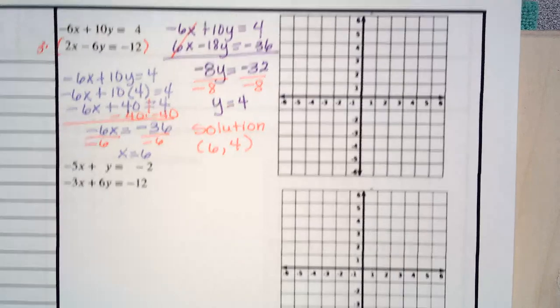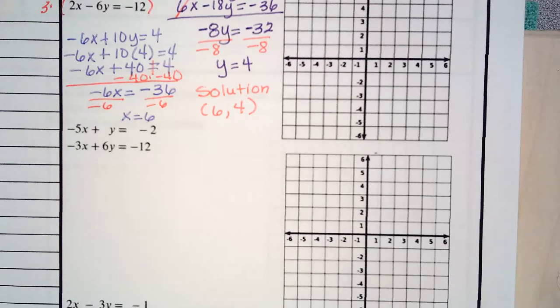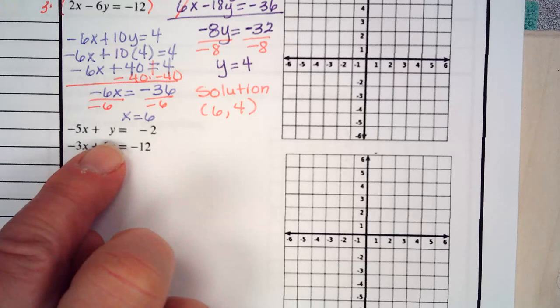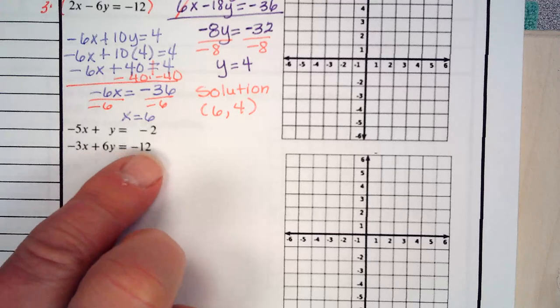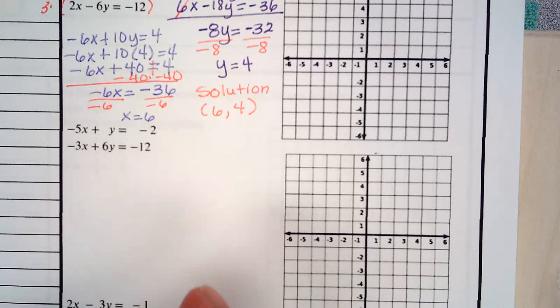What about the next one? Actually, there's two different ways that are equally easy to do. I could solve for y and substitute, or I could multiply the top row by negative 6, scale that top one, and I could do elimination.